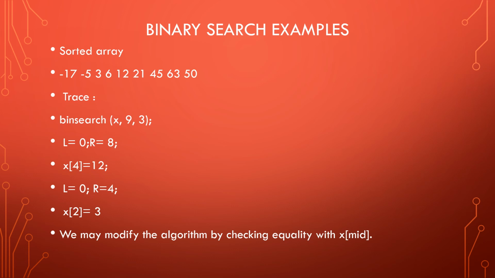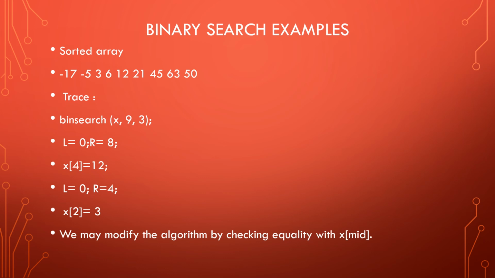First, the L and R values will be 0 and 8. Then X of 4 is 12, and as 12 is greater than 3, the right will be moved to the mid, that is L will be 0 and R will be 4, and X of 2 is equal to 3, so it will return the value 2.